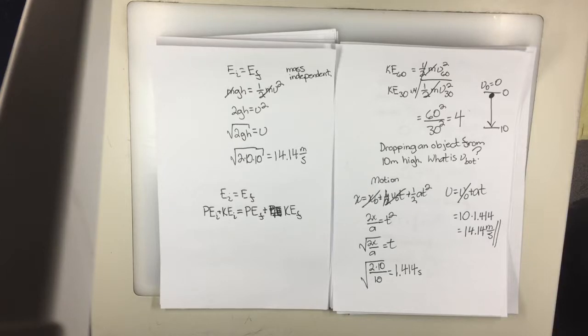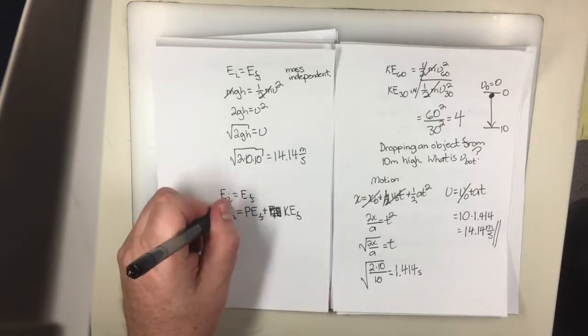What do I know about the energy initially? Is it moving? Class? Is the object initially moving? No. So if it's not moving initially, its kinetic energy is 0. So there is no kinetic energy.